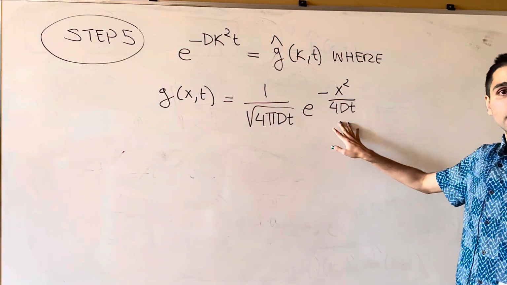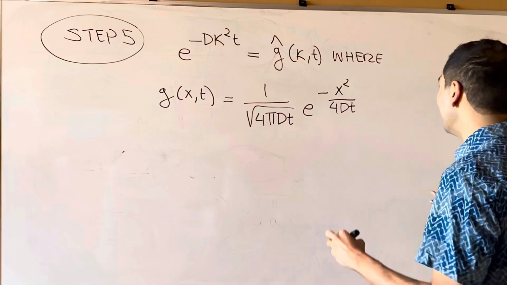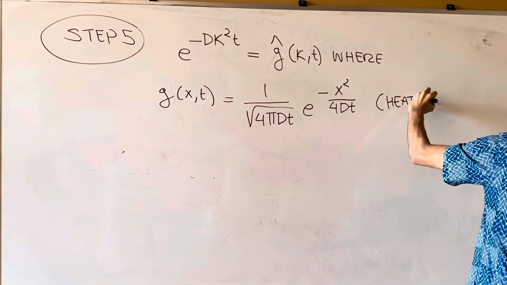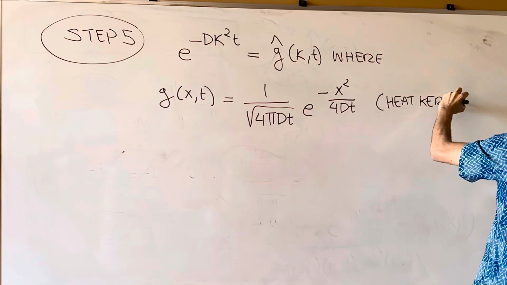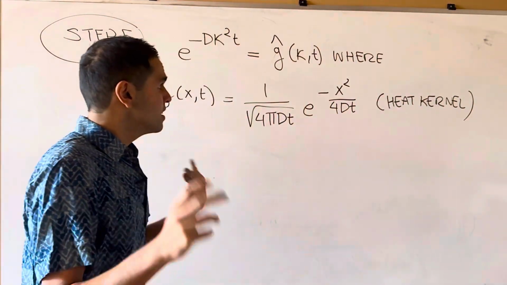And by the way, this function is so important, we'll talk about it in the next video, that it's sometimes called the heat kernel. So think kind of like the nucleus of the heat equation.